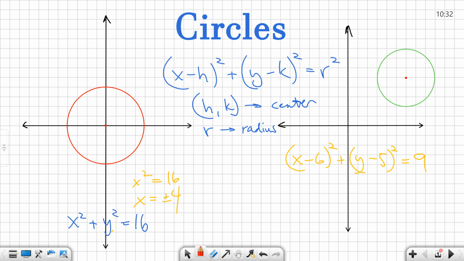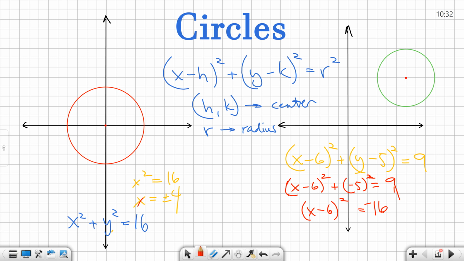So I'm going to plug 0 in for y, and I get (x minus 6) squared plus (negative 5) squared equals 9. My 9 got a little funky there. (x minus 6) squared is equal to 9 minus 25, which is negative 16. Missing my parentheses there.